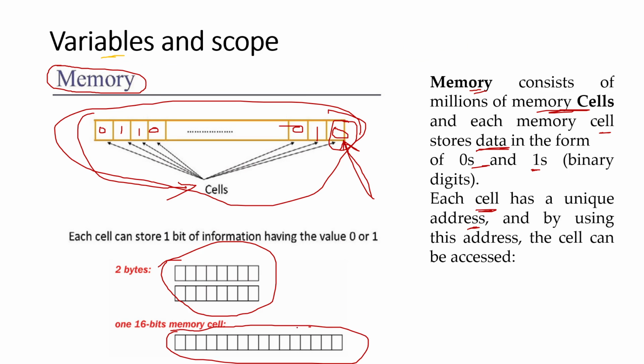For example, if I consider this as a block of memory, a variable is just a name given to this block of memory, and the purpose of doing that is to store the data in this block. This is what he's telling. So a variable is just a name given to a block of memory.